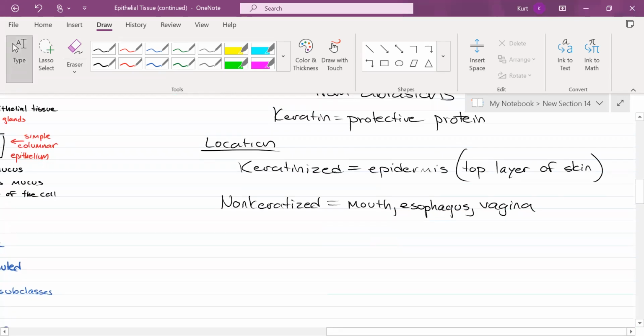Okay, finally, last one. It's on the bottom of page 122. This is going to be transitional epithelium.